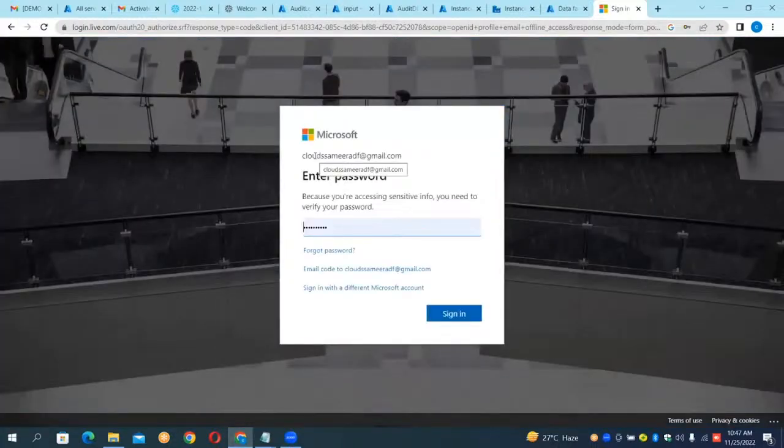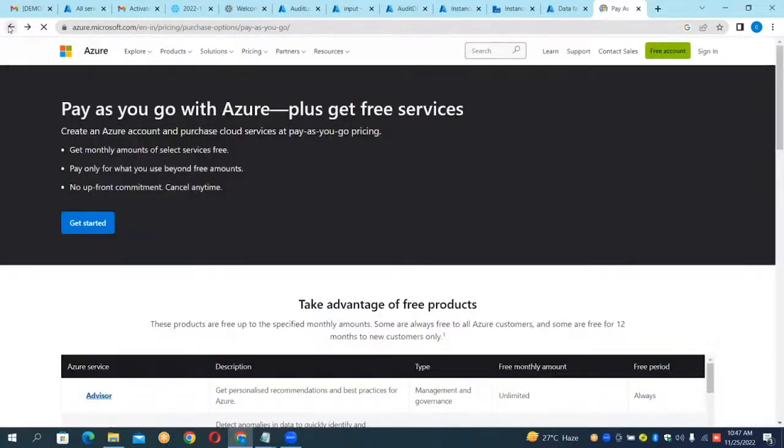It's taking me directly because I'm already logged in. If you click on get started, it will ask for your details, like your mail ID. Finally it will ask for the credit card. If you provide the credit card, it will deduct 2 rupees from your credit card, guys.